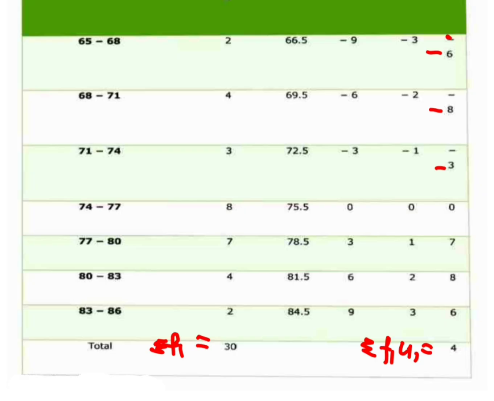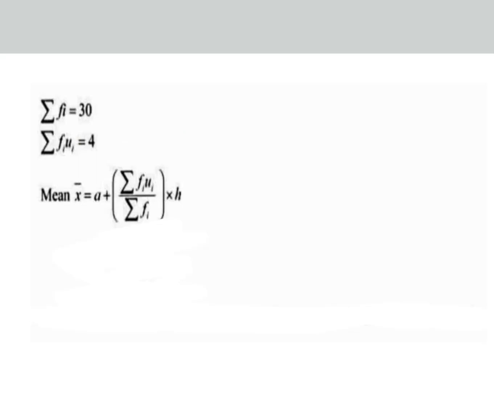Now use the formula and substitute these values. Here h is equal to 3, the assumed mean a is equal to 75.5, sigma fi ui is 4, and sigma fi is 30. The formula of the step deviation method to find the mean is x bar equals a plus sigma fi ui by sigma fi into h.